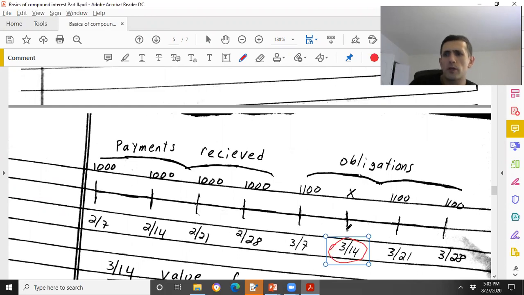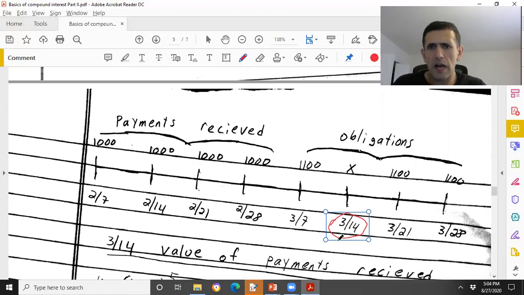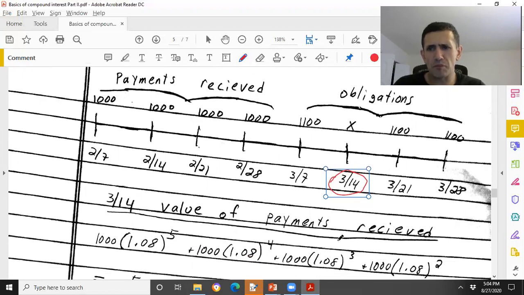Though if you really want to, you could still pick 3/28 as your reference date and time value everything relative to 3/28. Not only is it a little easier to pick 3/14, I think it's good practice to pick different reference dates and time value everything to that reference date. So let's do that. The concept is exactly the same.